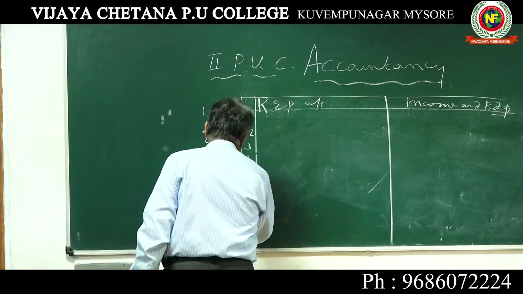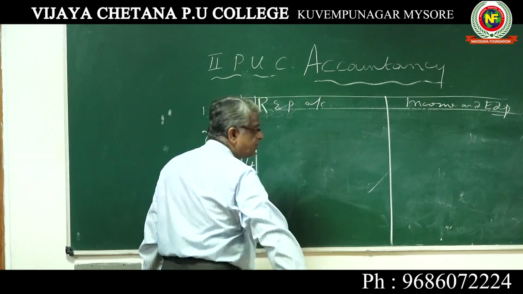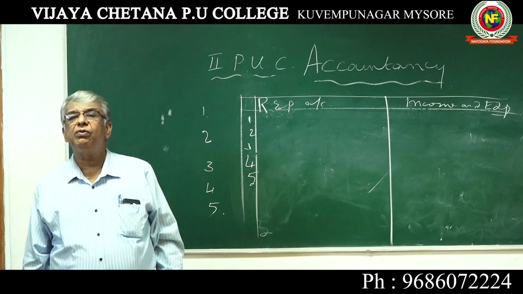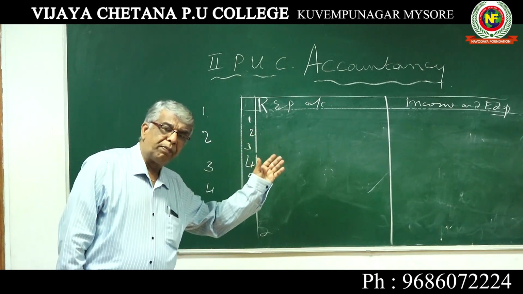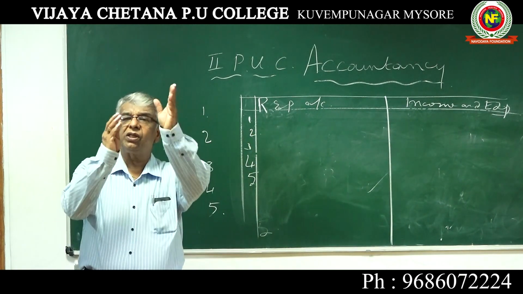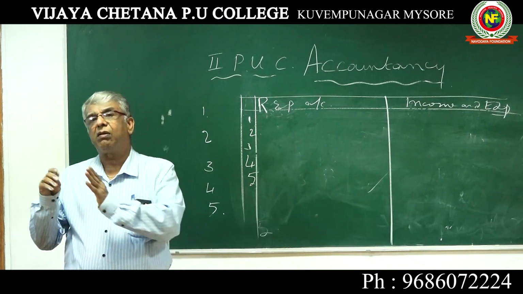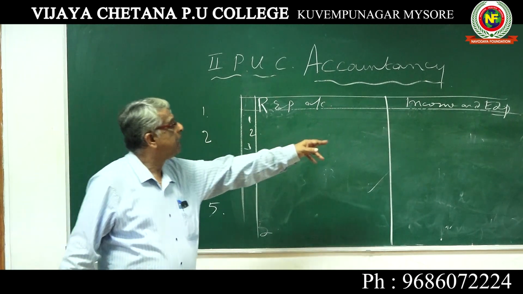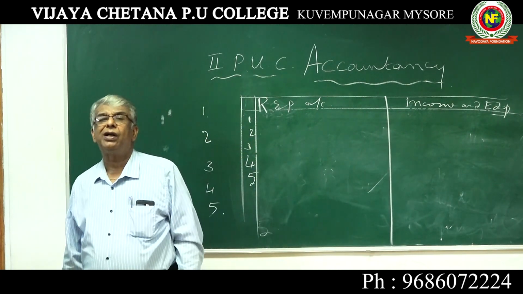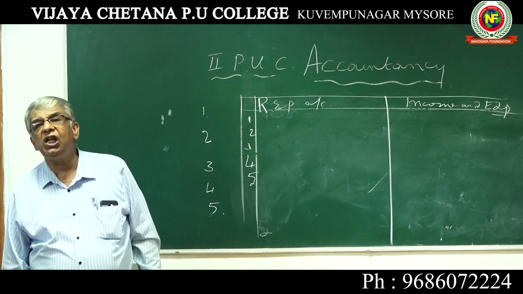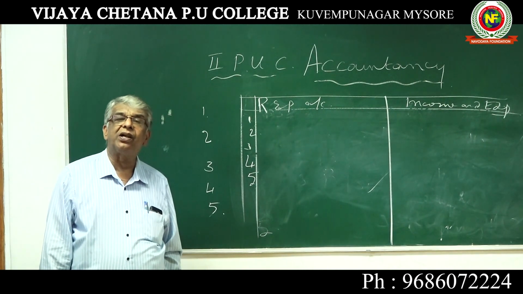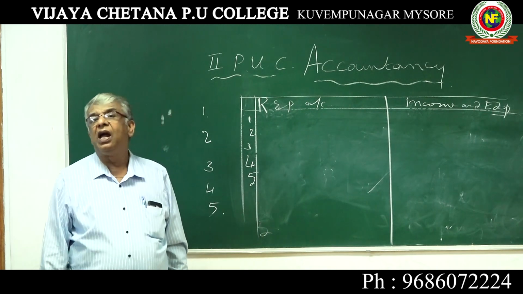Next, the receipts and payments account takes into account items which relate to the previous year, the current year, and the next year. But the income and expenditure account contains only the items which relate to the current year, but not the previous or the next year.